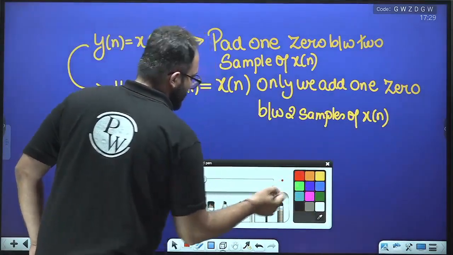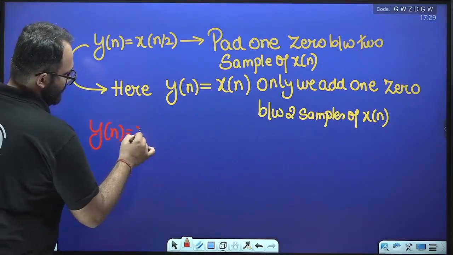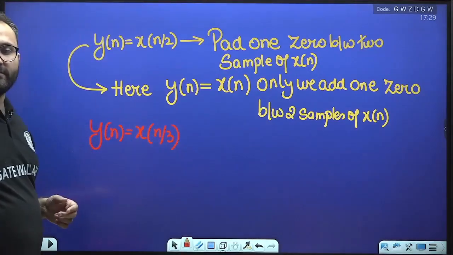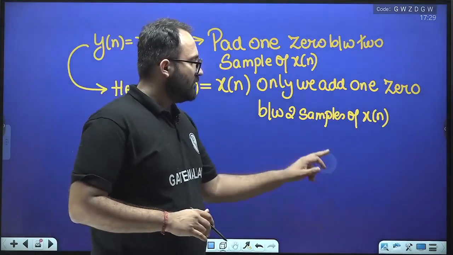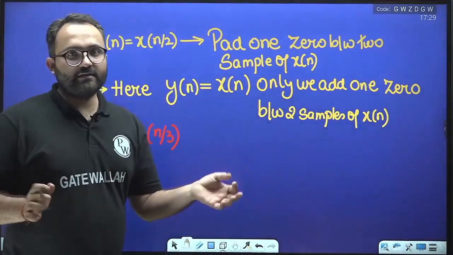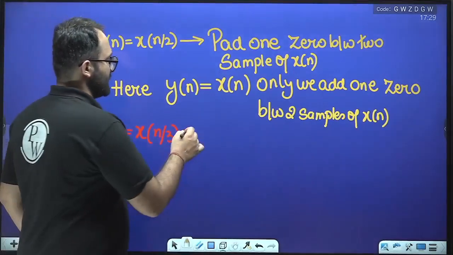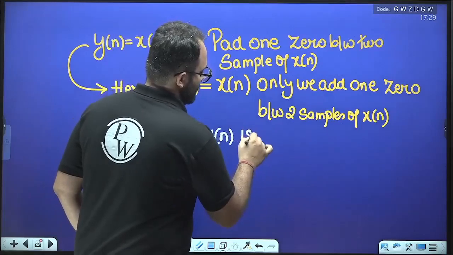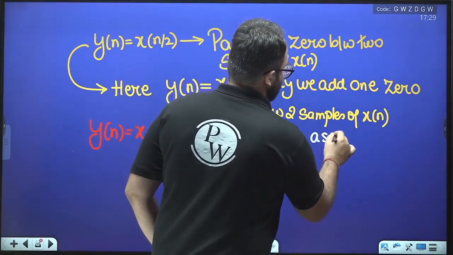Similarly, always remember that yn equals x of n by 3. In case of yn equals x of n by 3, yn will be the same as xn.